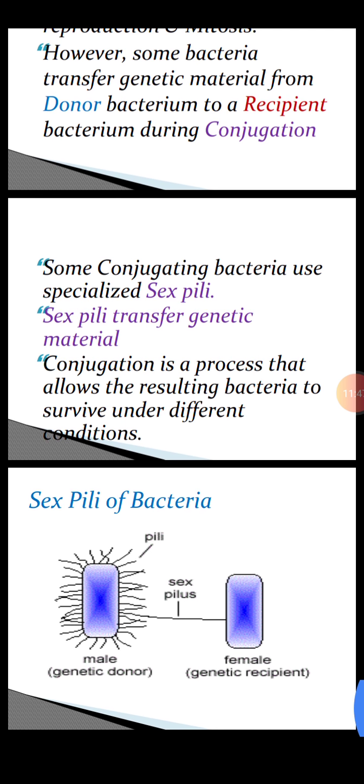And now the picture of sex pili of bacteria: you can see the male genetic donor bacterium, and its genetic material is being transferred to the female recipient bacterium, and there are some structures which are transferring genetic material from one bacterium to another, and these structures are called sex pili.